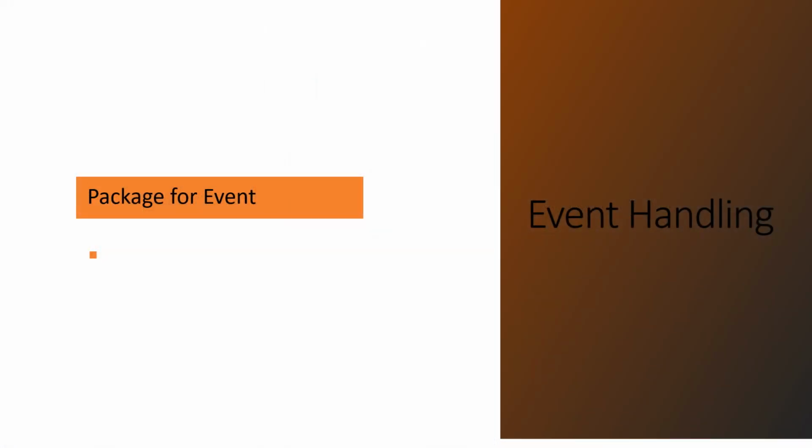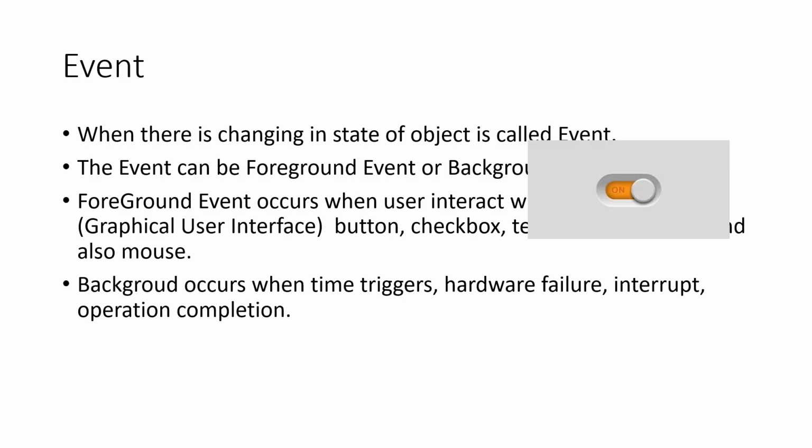Package for handling events. Java contains the java.awt.event.* package. It handles all types of events. A change in the state of an object is called an event. An event can be a foreground event or a background event.